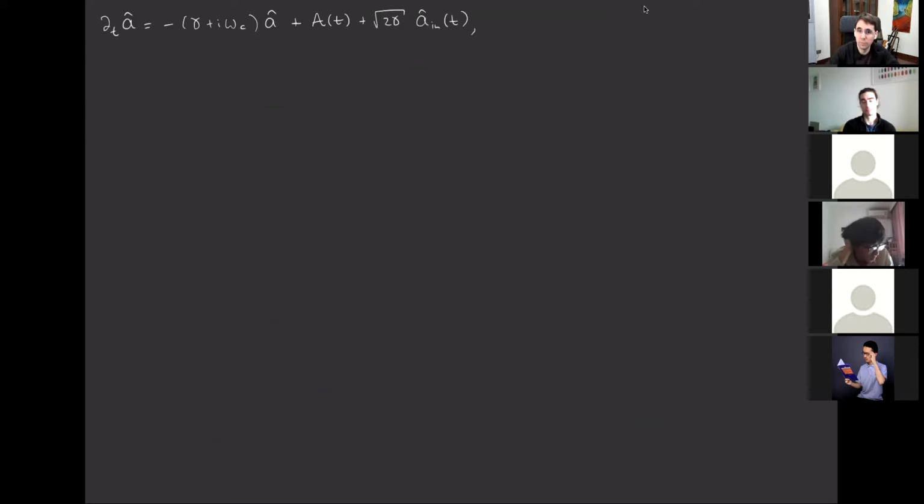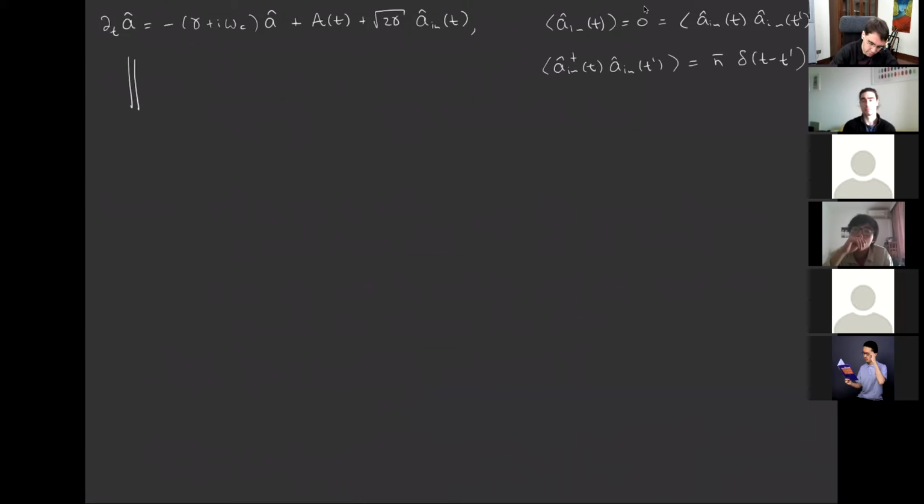And I remind you that we know that the input operator satisfies these statistical properties. And this one. Okay? So from these statistical properties in this equation, it will be very easy to find the solution.